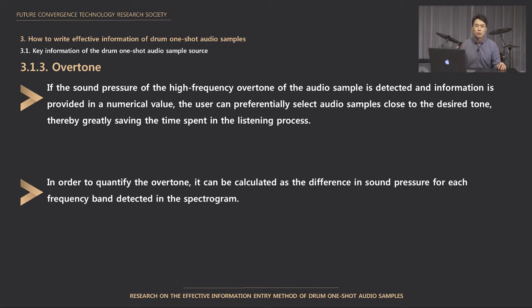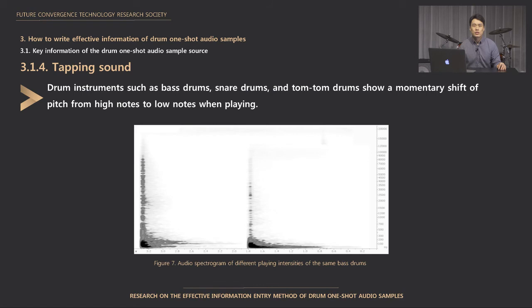In order to quantify the overtone, it can be calculated as the difference in sound pressure for each frequency band detected in the spectrogram. Drum instruments such as bass drum, snare drum, and tom-tom drums show a momentary shift of pitch from high notes to low notes when playing.